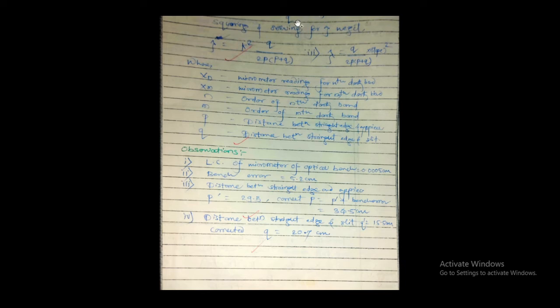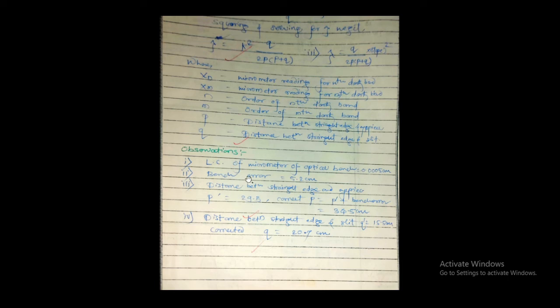Here xn is the micrometer reading for the nth dark band, xm the micrometer reading for the mth dark band, n the order of the nth dark band, m the order of the mth dark band, p the distance between the straight edge and the eyepiece, and q the distance between the straight edge and the slit.